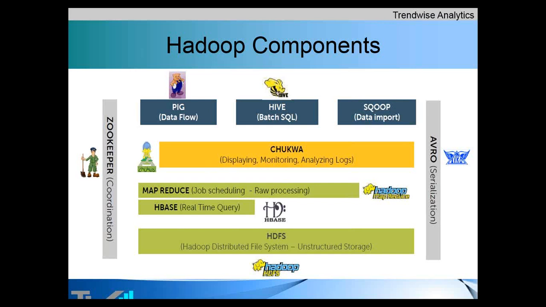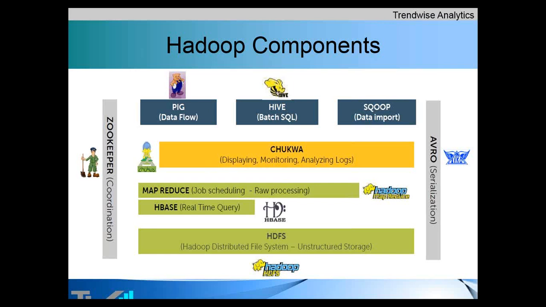Hive is actually an interface for MapReduce. Basically, Hive is a project which was developed to hide the complexity of MapReduce so that you can write queries in something like SQL. They call it HiveQL or HQL. But behind the scenes, it actually executes MapReduce.